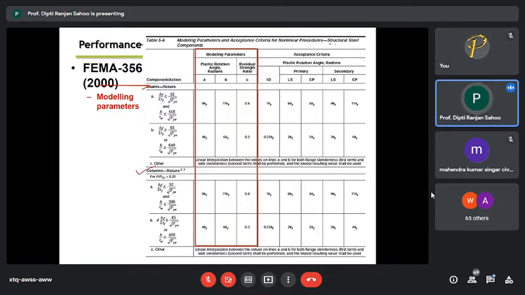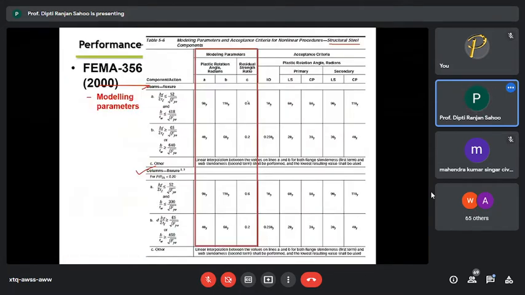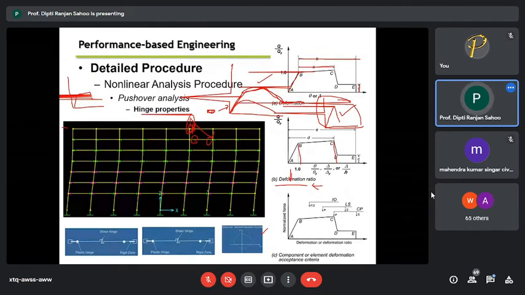This is for the structural steel component. Similarly, if you go to Table 5.5 or 5.6, you will see the concrete structure. It always gives what this A should be, what the B should be, and what this C should be. All these parameters it gives you to model this.